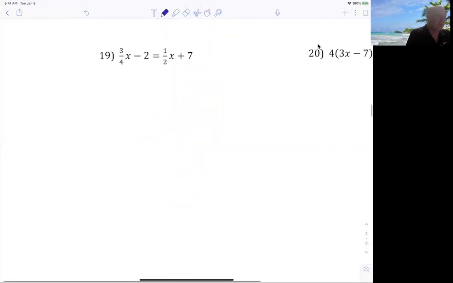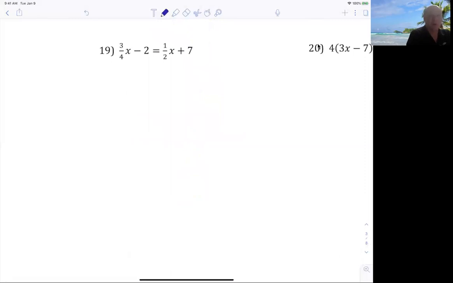Number 19. Now it looks a little bit harder because we have fractions, but we are not scared of fractions because we are good at fractions. So let's start. So again, variables equal numbers. This negative 2 is a number. I need to push that to the right side. To push that to the right side, I add 2 to both sides. The 1/2 x is on the right side.